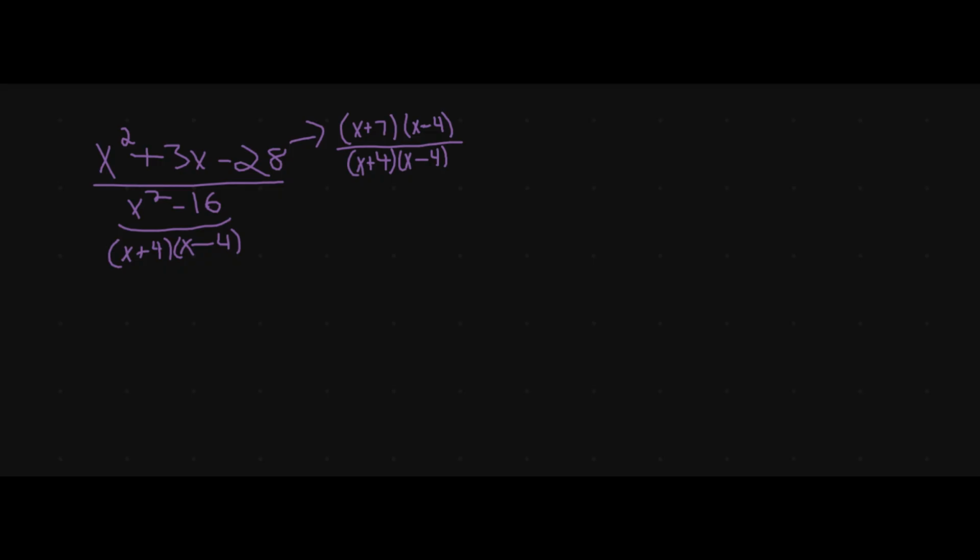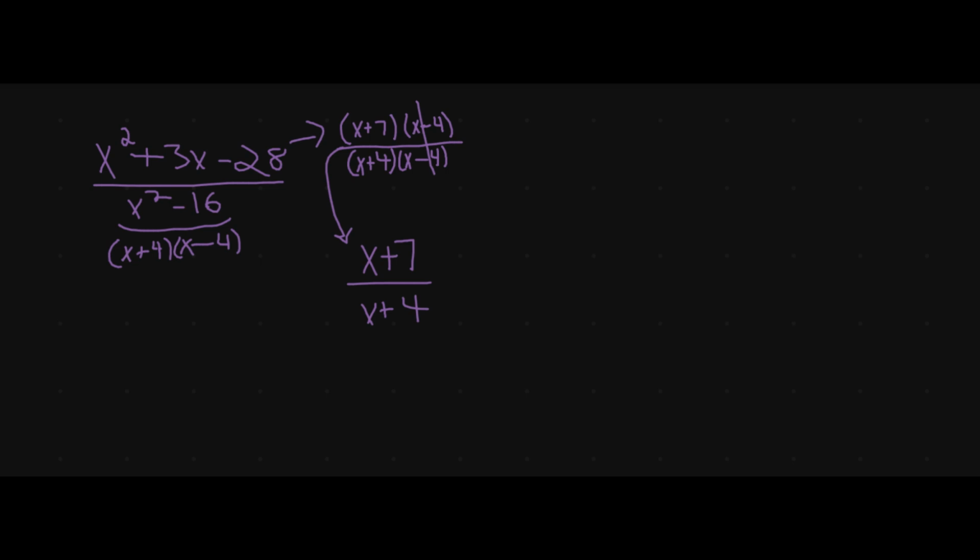So now that we've got that, we can remove a few. We see that these two are the same, so we can cancel them. And now we have our last one here. So we take this and put it here. So we just have x plus 7 over x plus 4. Alright?